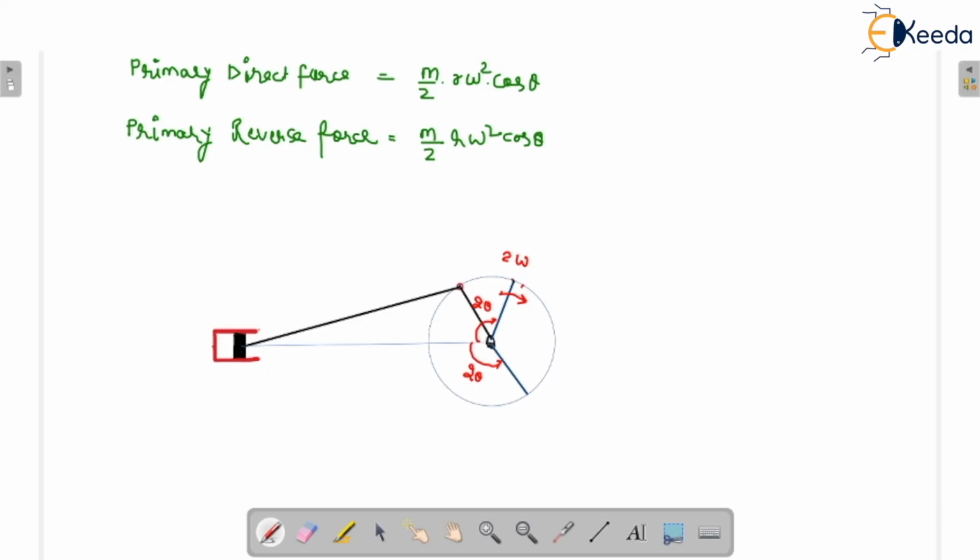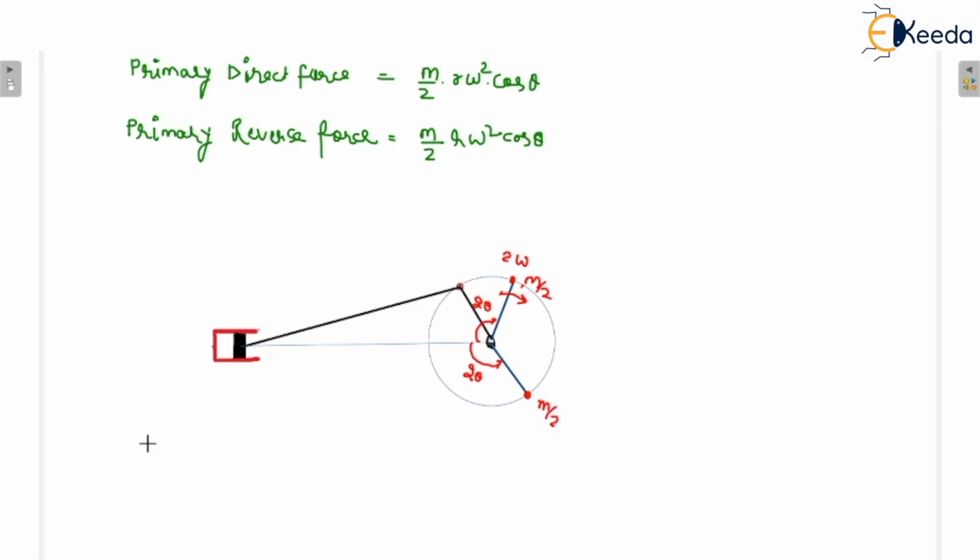So we all know that this would be m by 2 for the direct secondary crank, and this would be m by 2 for the secondary reverse crank. The angle is same, 2 theta and 2 theta. Now we have to calculate the forces.